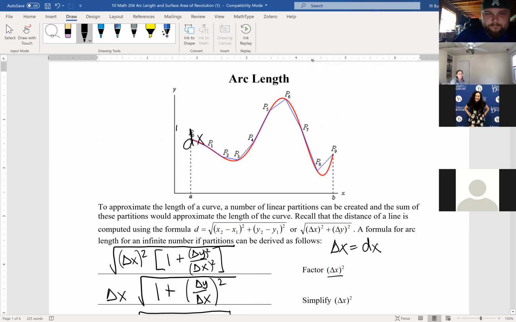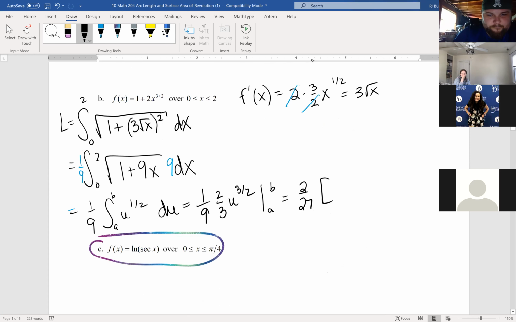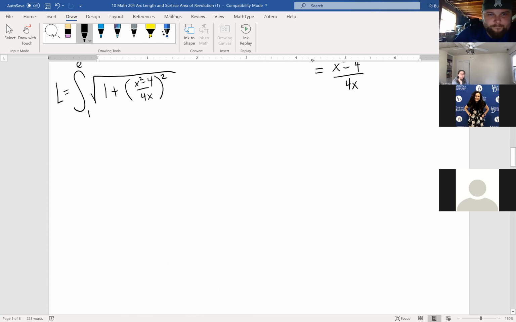Why did that move? Okay. Now we got to do a bunch of algebra. So now instead of 1, I know that I've got this 4x squared down here.